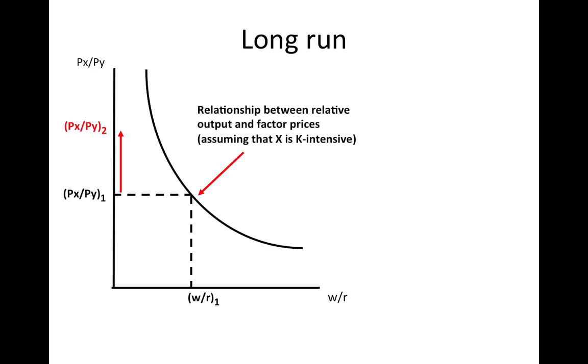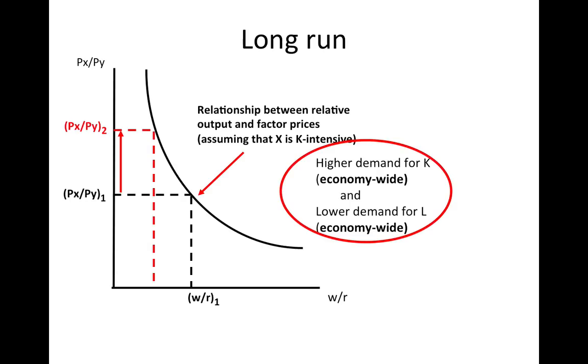So this can be for any number of reasons, as I mentioned before, but the price of X rises compared to the price of Y. Now, the way to think about this analysis is first to think about what that does to the demand in the economy for capital and for labor. Keep in mind that labor and capital are both used in both industries, but the increase in the relative price of X is a signal to firms in the X industry to expand.